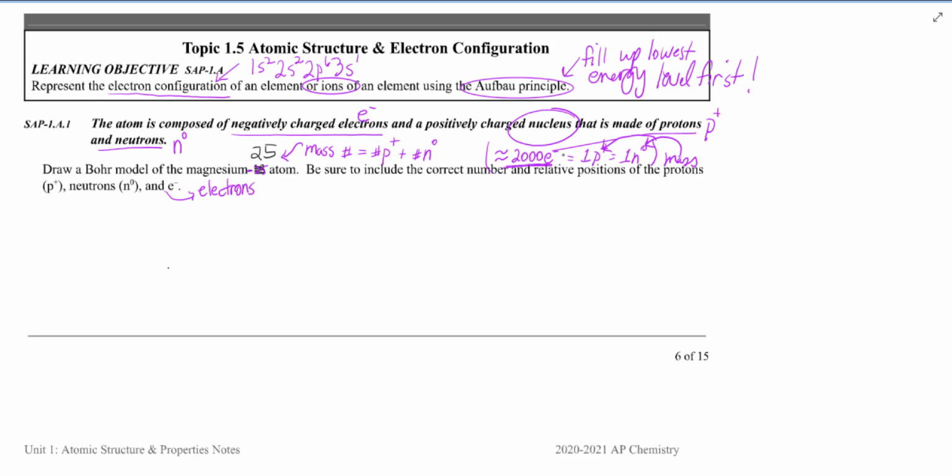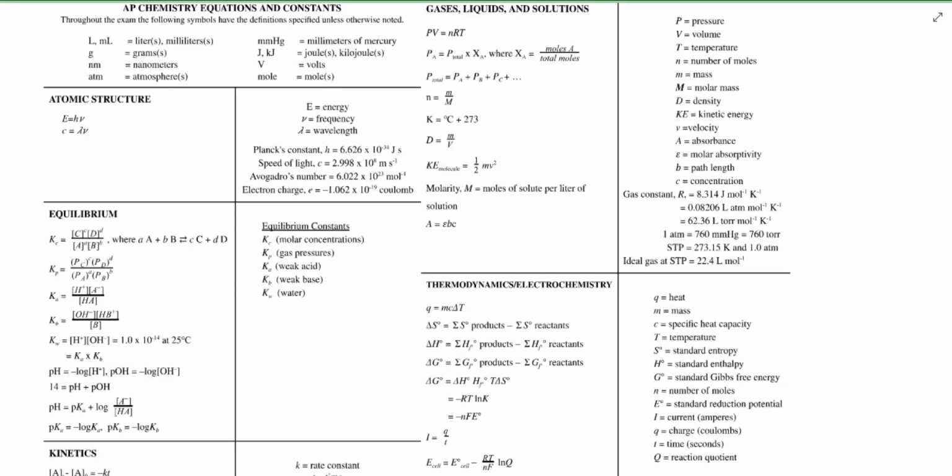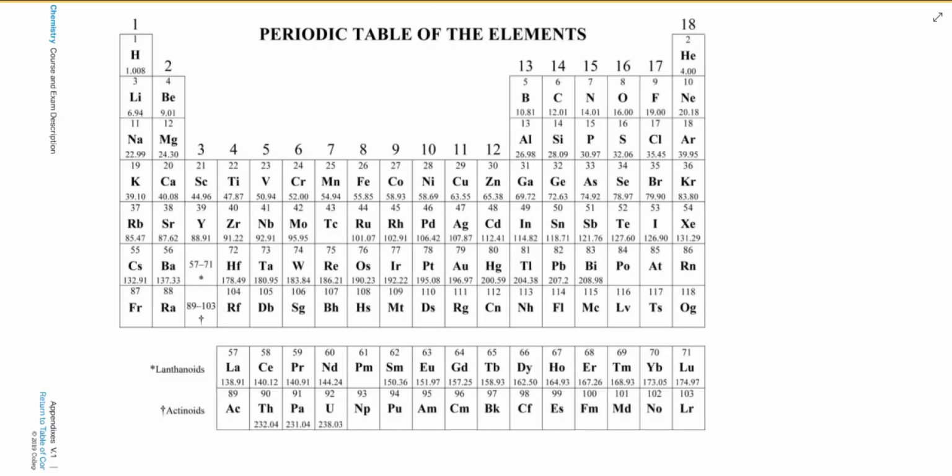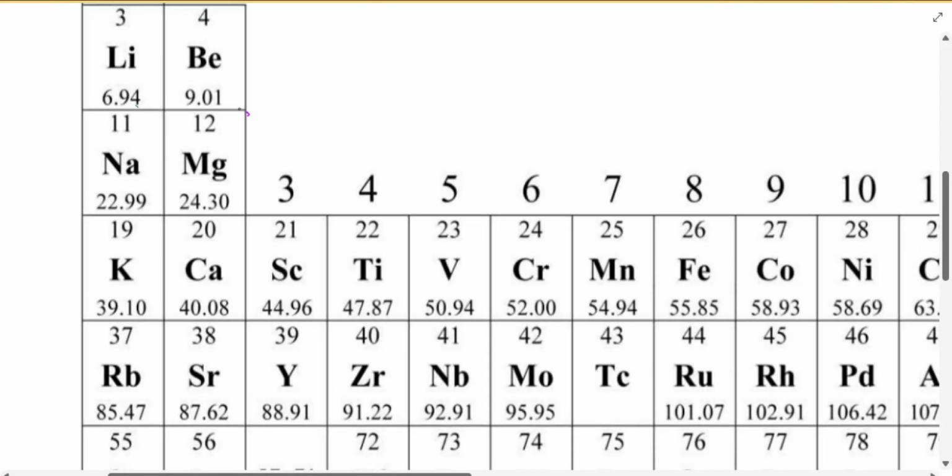Let's look at magnesium on the periodic table. Magnesium is right here. The number of protons is denoted by the atomic number, and that is equal to the number of protons. So magnesium has 12 protons.